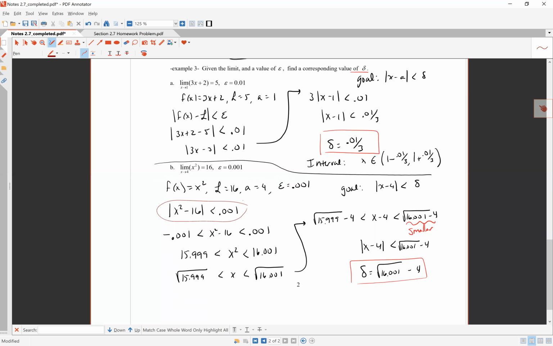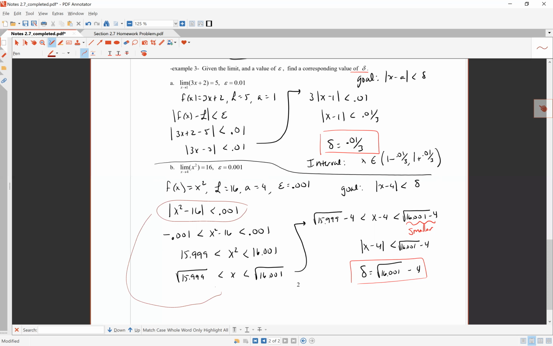By the definition of absolute value, if the absolute value of x squared minus 16 is less than 0.001, that means negative 0.001 is less than x squared minus 16, which is less than 0.001. Solve for x squared: add 16 to both sides, and x squared has to be within that range.